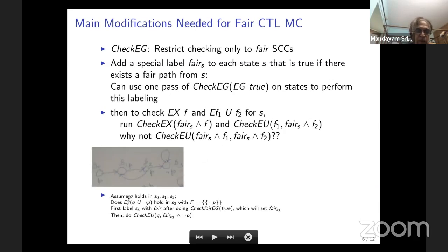So here, for example, when you check if Q until not P fairly holds in state S0 under this fairness assumption, first you label.